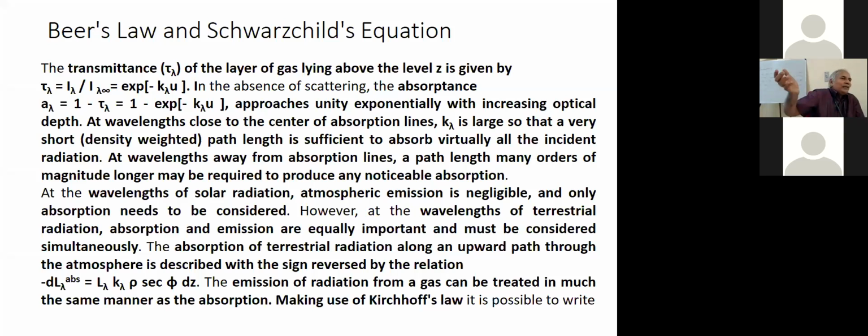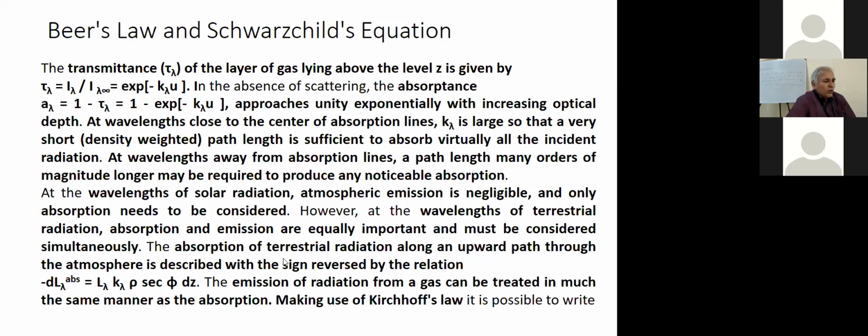Emission will take place in the long wave part of the electromagnetic spectrum, from 4 micrometer to 100 micrometer. At wavelengths of the terrestrial radiation, emission is happening and absorption also is happening, both in this infrared part of the electromagnetic spectrum.